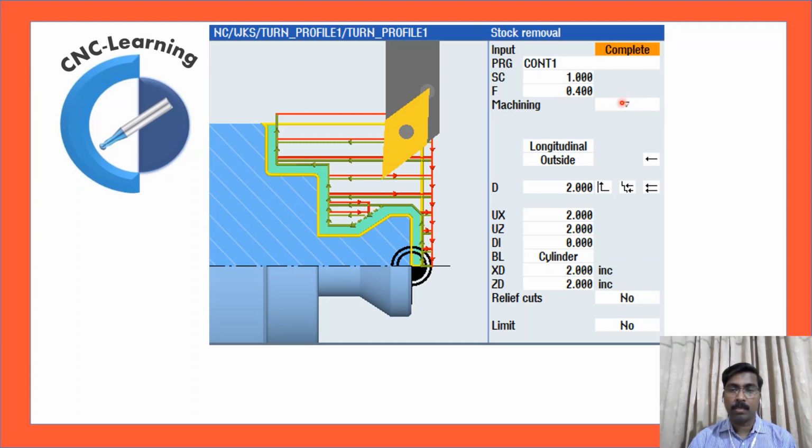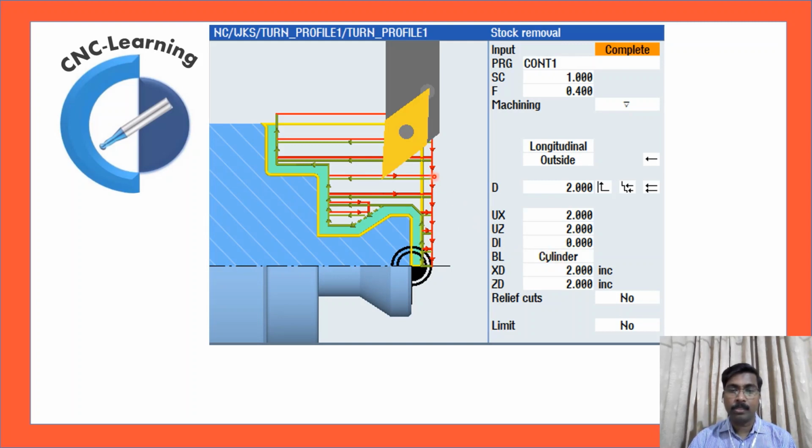This shows whether it is a roughing or finishing, then how the machining should happen, and then the depth of cut, then allowance in X and Z. Here X and Z, you can see it is kept to 2 mm. That is only to just demonstrate another strategy of the cycle.